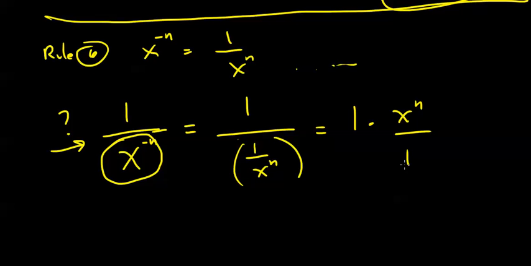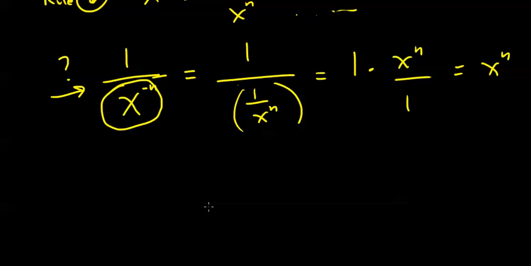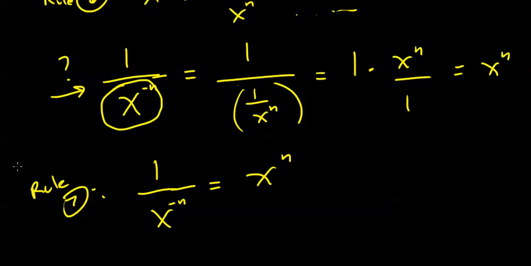If we invert the divisor fraction and multiply by the numerator, here it turns into 1 times x to the nth over 1, which of course simplifies to x to the nth power. So what I've done is really just proven Rule 7 for you. It claims that 1 over x to the minus n simplifies to x to the positive nth power. And that we will call Rule 7.